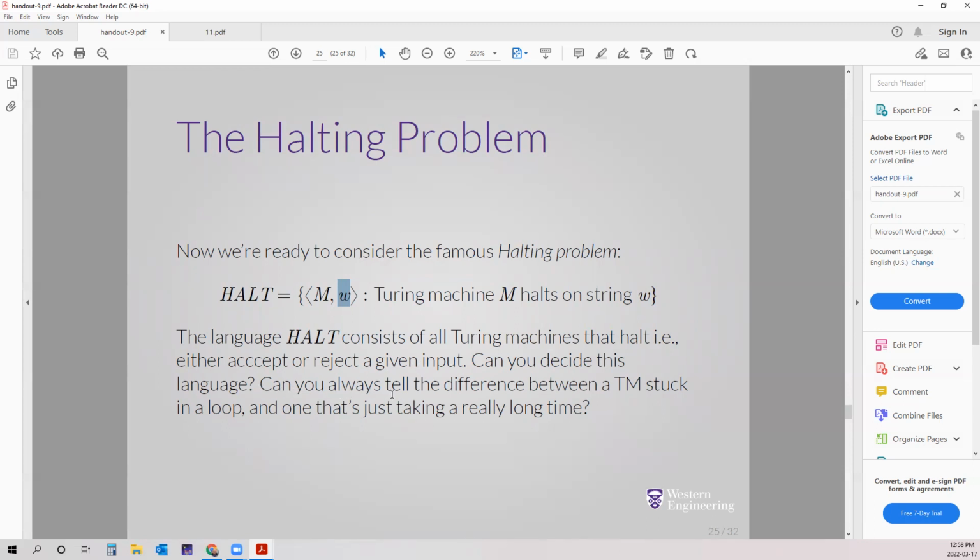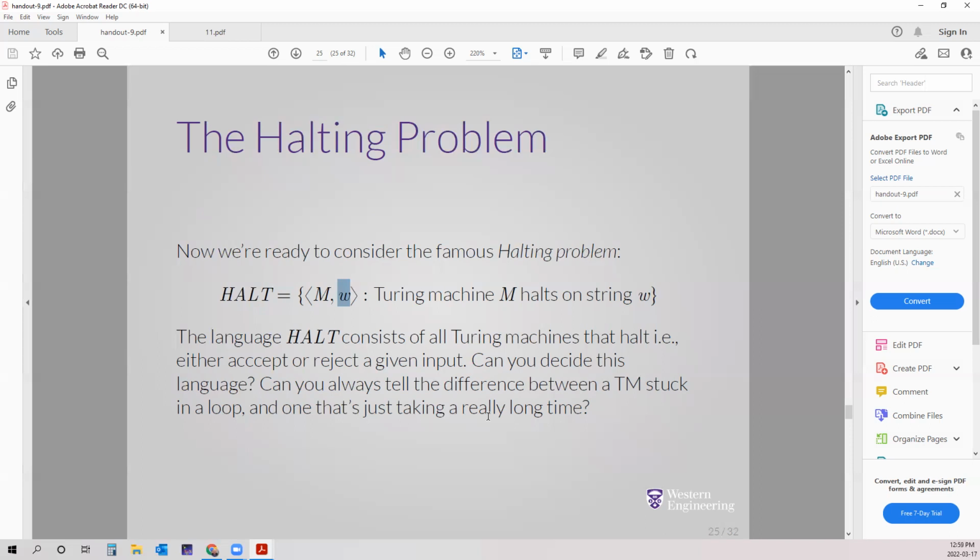Can you always tell the difference between a TM stuck in a loop and one that is just taking a really long time? This is the problem. I run a program, it takes a long time. I don't know if it's looping or will halt, or if the Turing machine is still computing and not done yet.